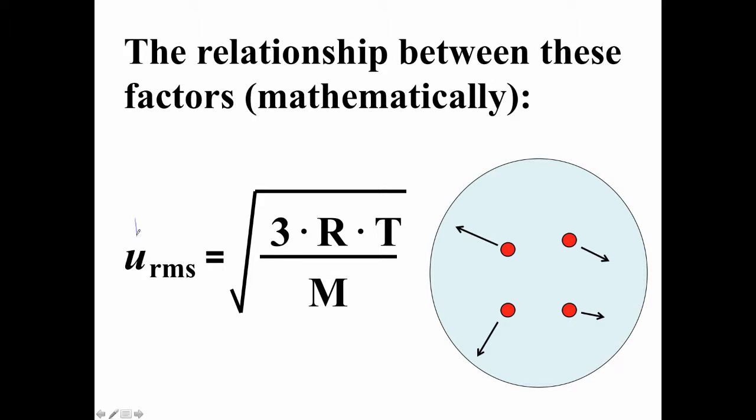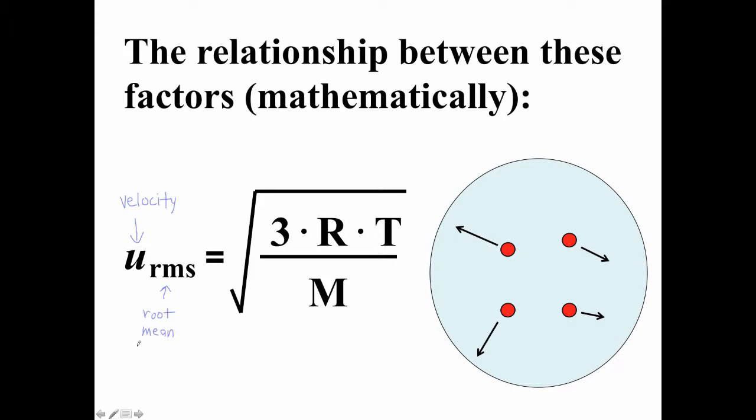And in this equation, U stands for speed or velocity. We sometimes use U instead of V as the symbol for speed or velocity. So this is the average speed of the molecules, and it's a particular kind of average speed that you may or may not have heard about before.